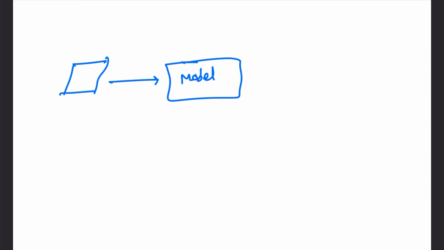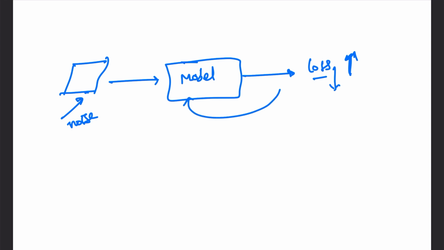Basically what they do is, you have the model here and you have a certain image. You pass that image and you get a loss value. You add some noise to it so that this loss is increasing. In gradient descent, we try to minimize the loss value, right? You adjust the parameters of the model to minimize the loss.